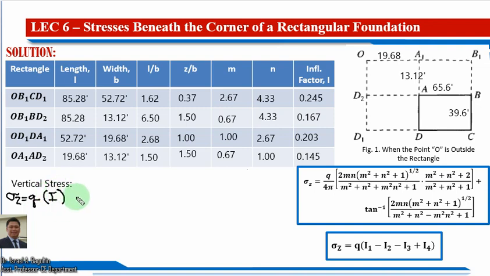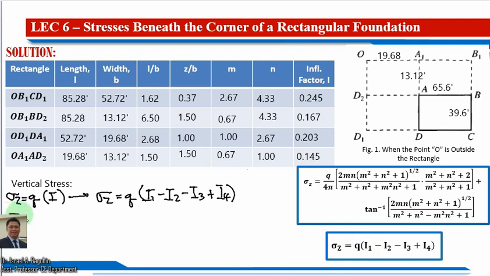Okay, where in this case sigma z is equal to q times influence factor 1 minus influence factor 2 minus influence factor 3 plus our influence factor 4. Okay, as you can see in this formula.